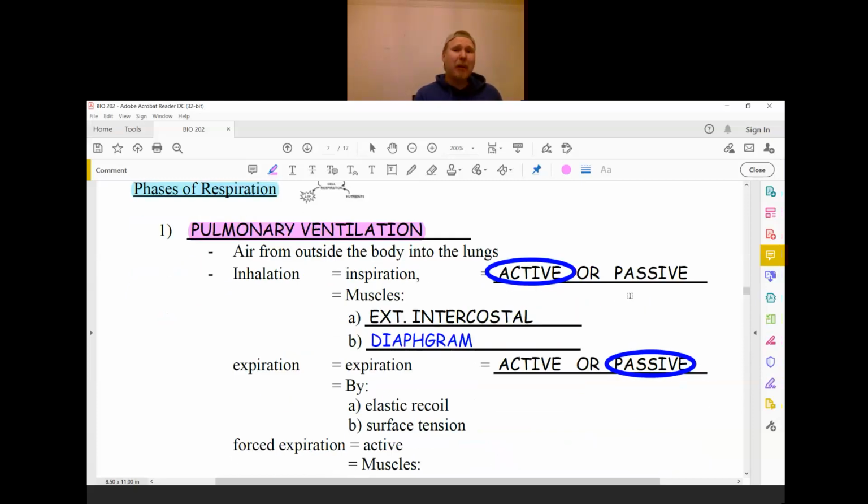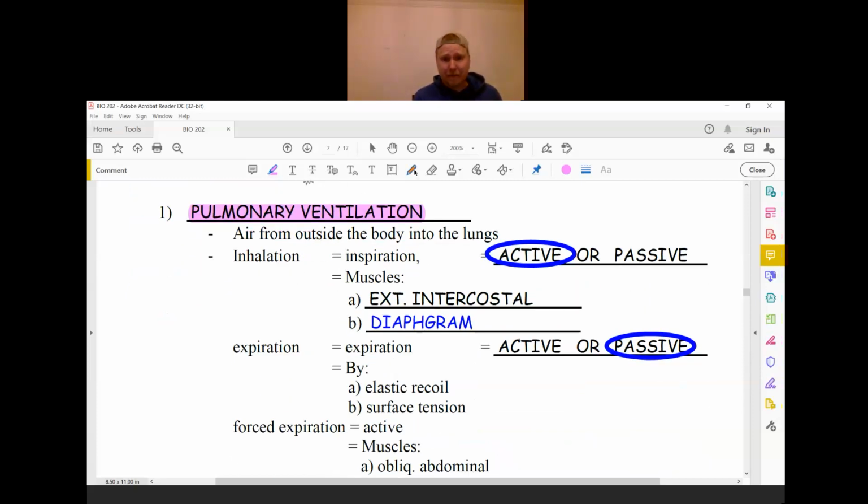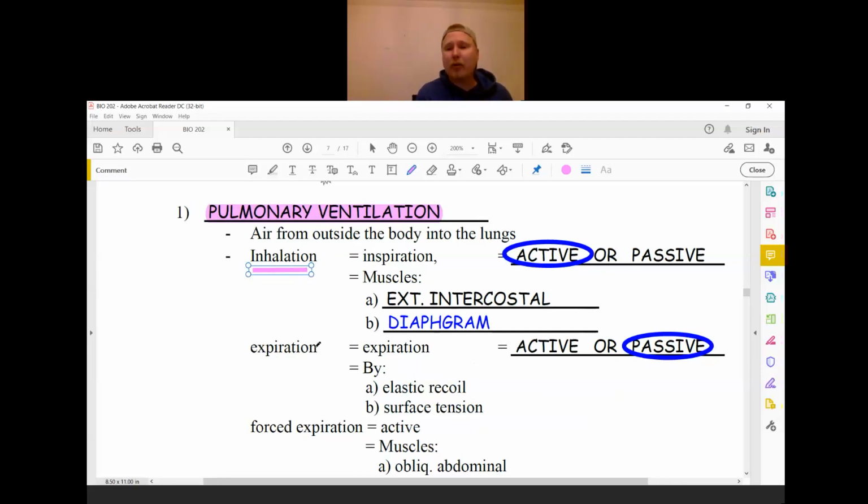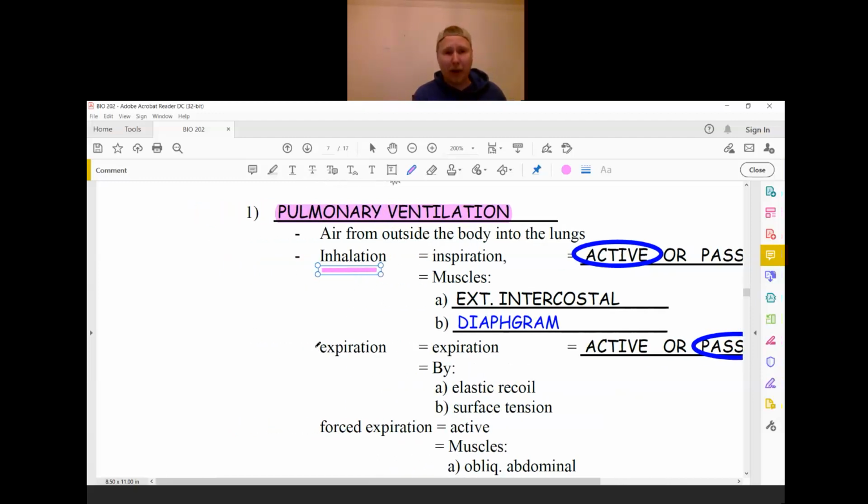And a couple of things to note here about the pulmonary ventilation is that breathing in is going to be an active process. So you need to actually make a conscious effort to get air entering into our body. So let's do a quick diagram again.